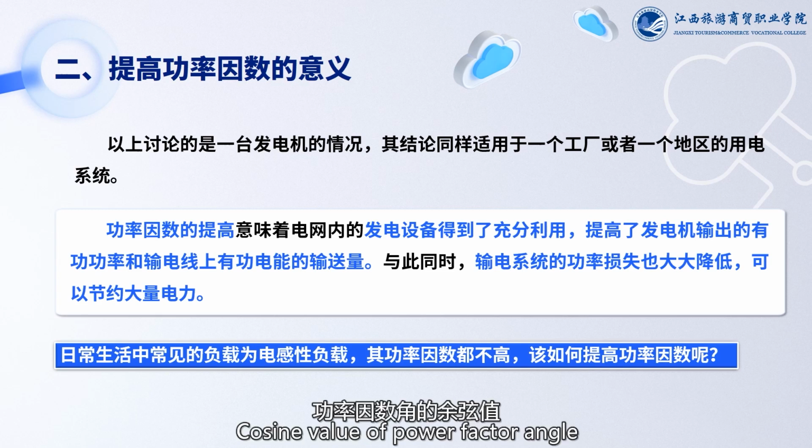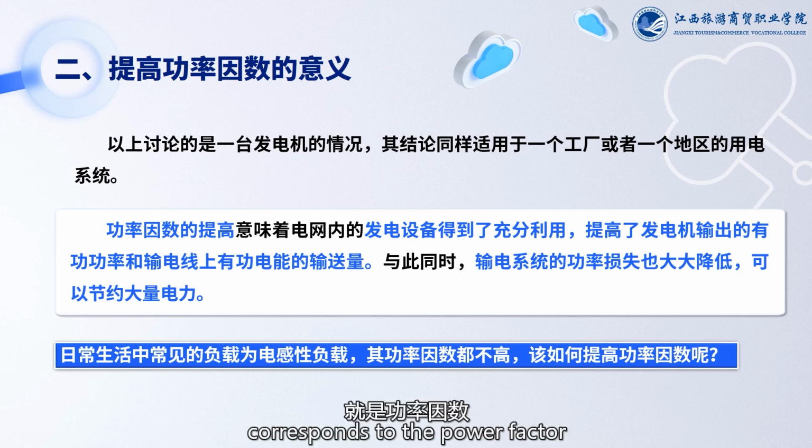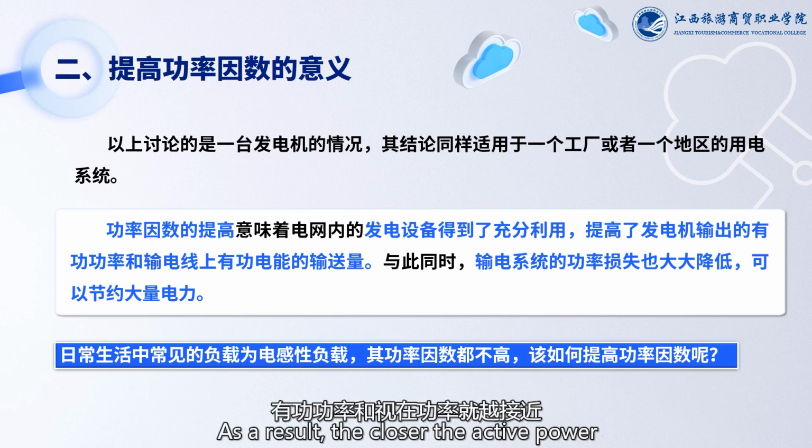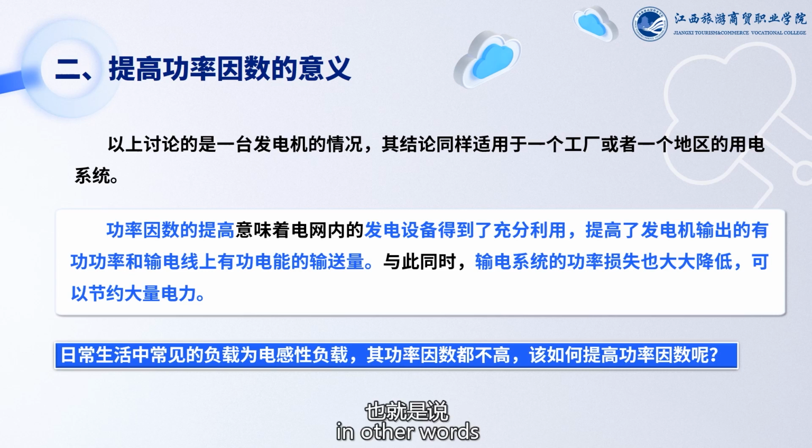The cosine value of the power factor angle corresponds to the power factor. The less the reactive power, the smaller the power factor angle, and the greater the cosine value. As a result, the closer the active power and apparent power are. In other words, this signifies a higher energy conversion efficiency.